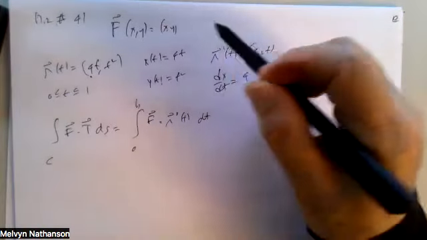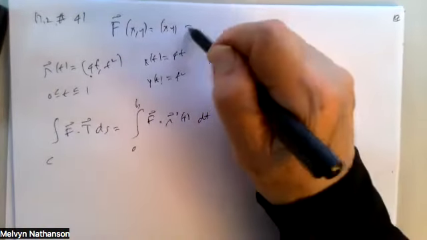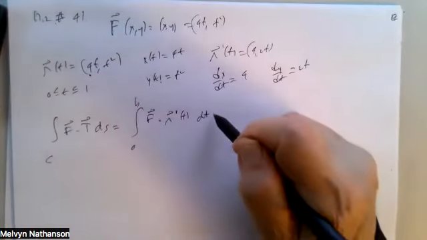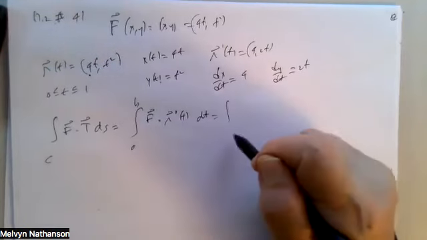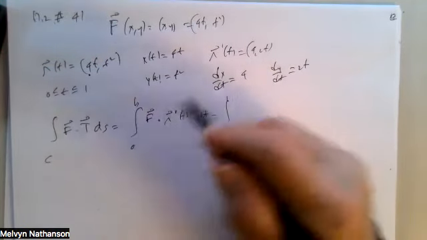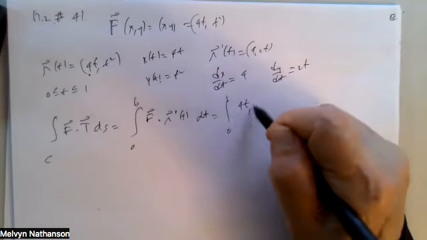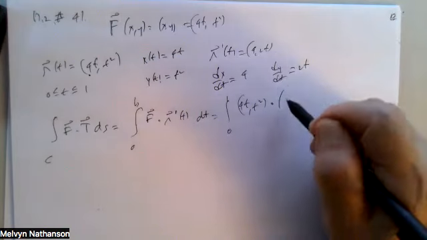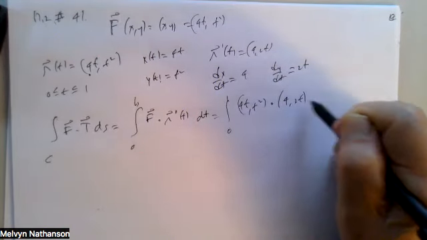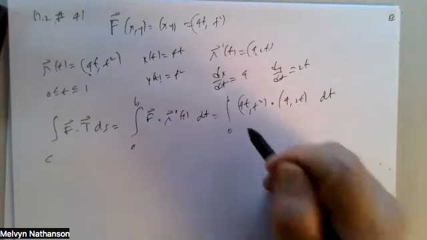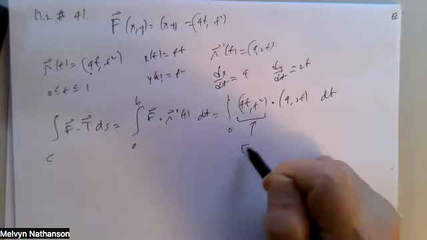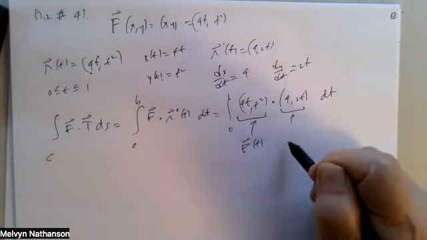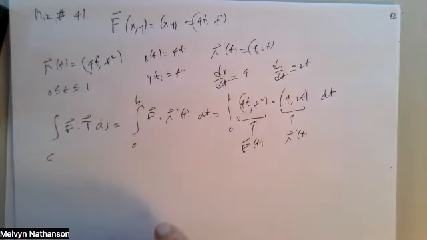F is x, y. As a function of t, this is (4t, t squared). So here I have the integral, a and b are 0 and 1, of F (4t, t squared) dot product with r prime of t, which is (4, 2t), dt. So this is my vector field as a function of t, and this is r prime of t.